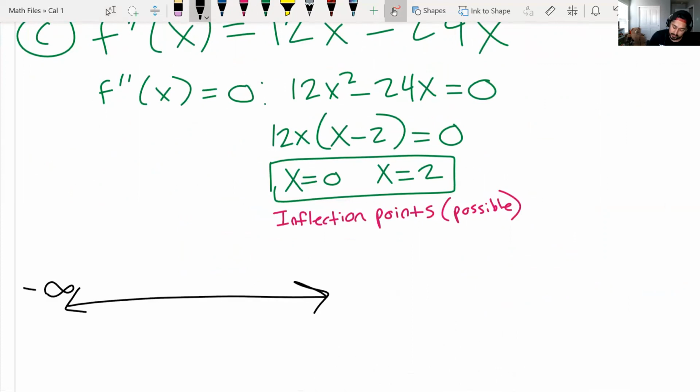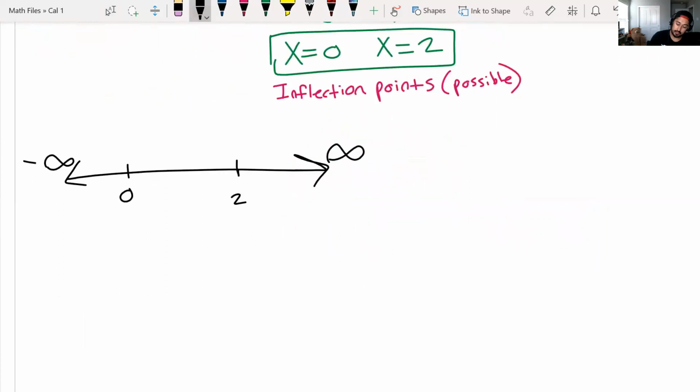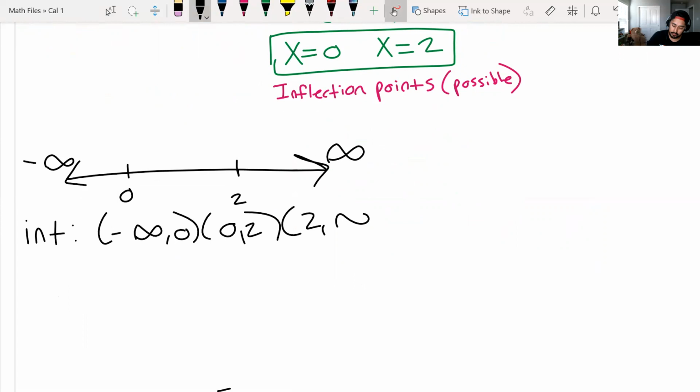There's negative infinity, there's infinity. Plot my inflection points, 0 and 2. And again, there's my intervals. Negative infinity to 0, 0 to 2, 2 to infinity.